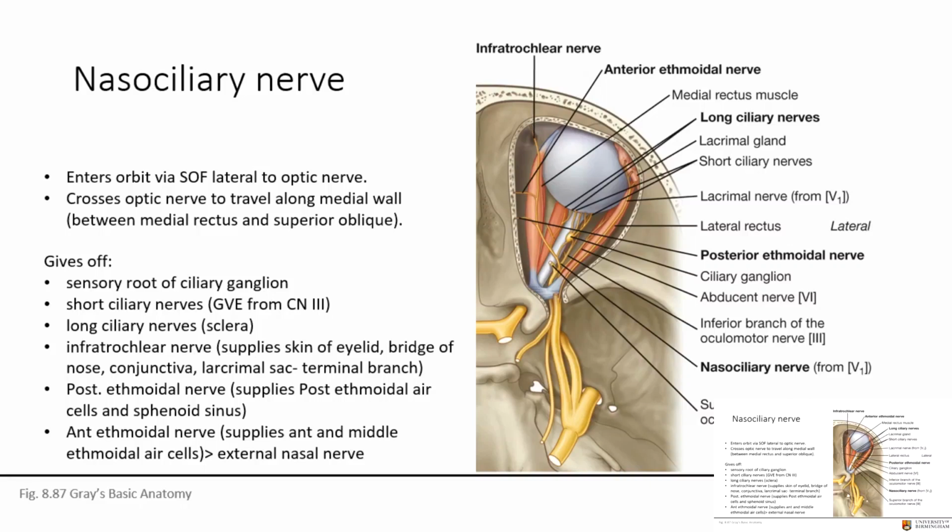the long ciliary will then supply the sclera of the eye, and the short ciliary nerves that are coming from the ciliary ganglion will be carrying the post-ganglionic parasympathetic fibers that are coming from the oculomotor nerve.